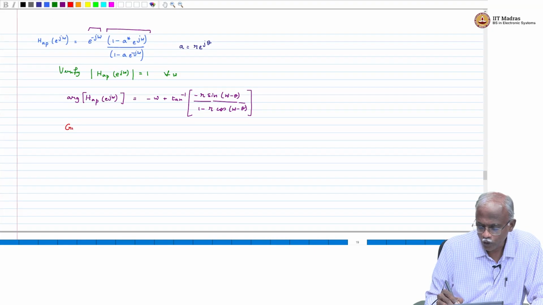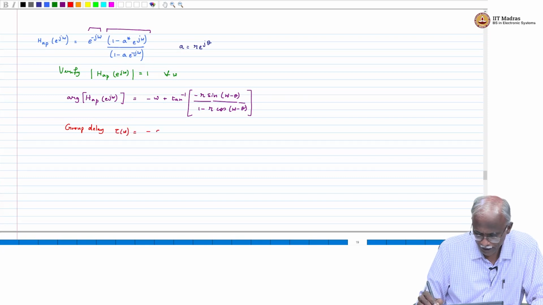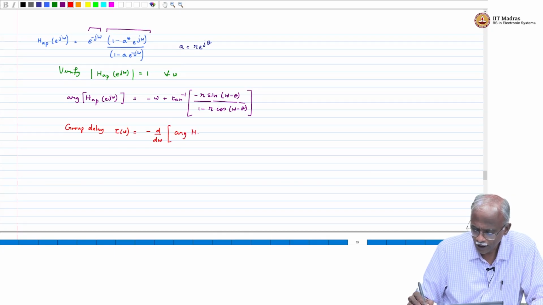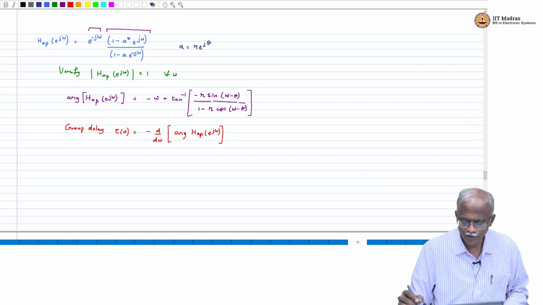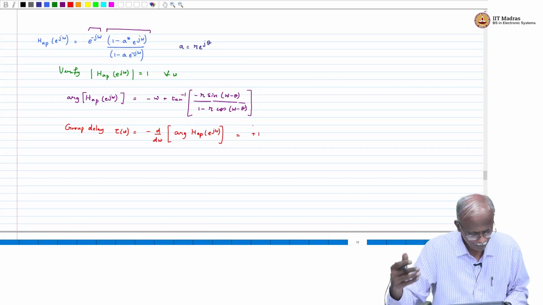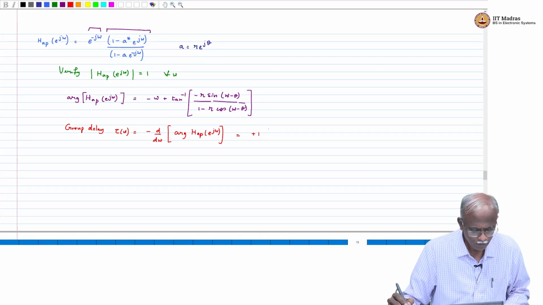So the group delay of an all-pass function, τ(ω), will be minus d by dω of the argument of H_AP(e^{jω}). There are two terms. When you differentiate the first term, it will give you a plus 1, because minus d by dω of minus ω will be plus 1. And then you will get the following expression.